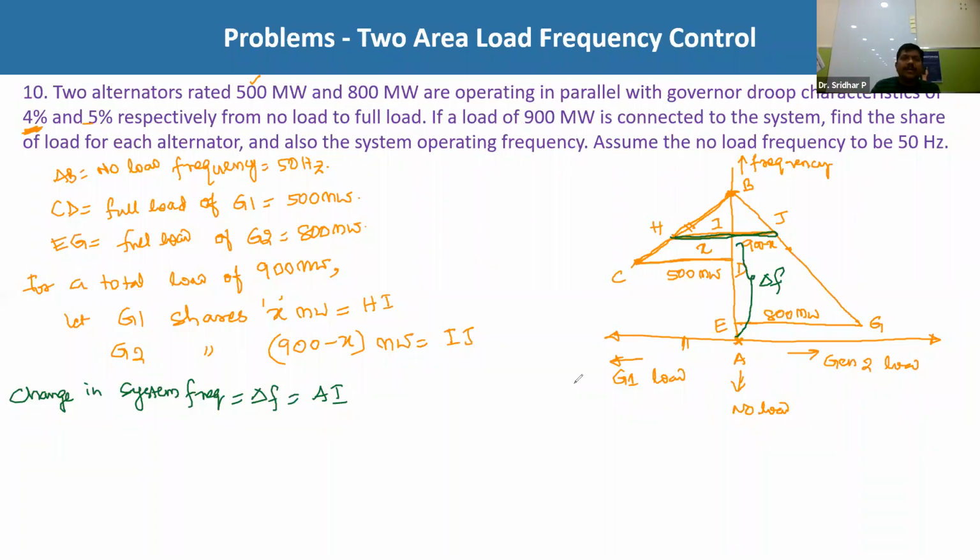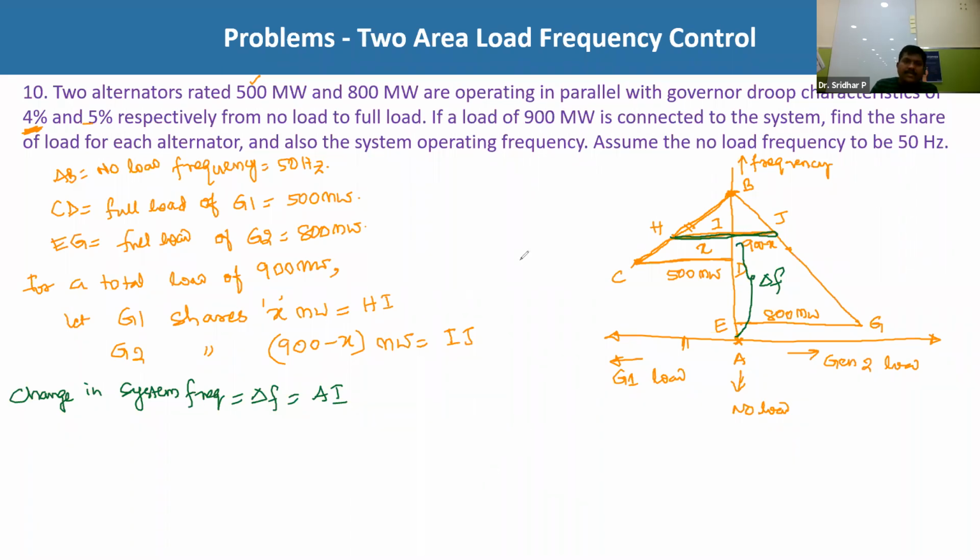That is nothing but the load sharing of generator 1 and generator 2, and next one is the change in the system frequency. So before going to that, why have I drawn these two, alternator 1 and alternator 2 characteristics, on the same graph?